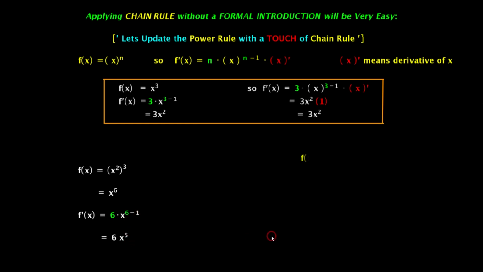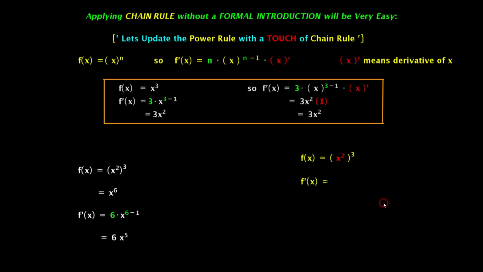Let's apply the chain rule. Because every time it was the base x. Now the base was x to the power of 2. We simplified it. But before the simplification, what if you want to find the derivative of the way it has been presented? So the parenthesis value to the power of 2. The derivative of x to the power of 2 is going to be 2. This 2 is going to impact this value if we just do it this way.